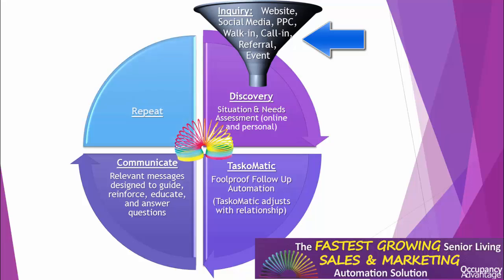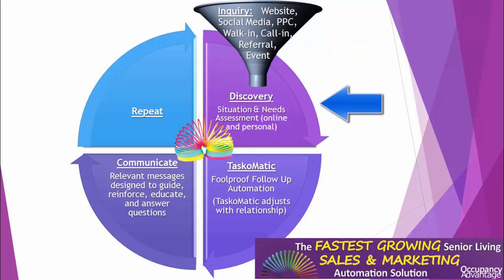Leads come in from your websites, sticky points, referrals, walk-ins, call-ins, and other sources. You then take them through the discovery process to assess who they are, what they're interested in, what motivated them to contact you, and other important details.